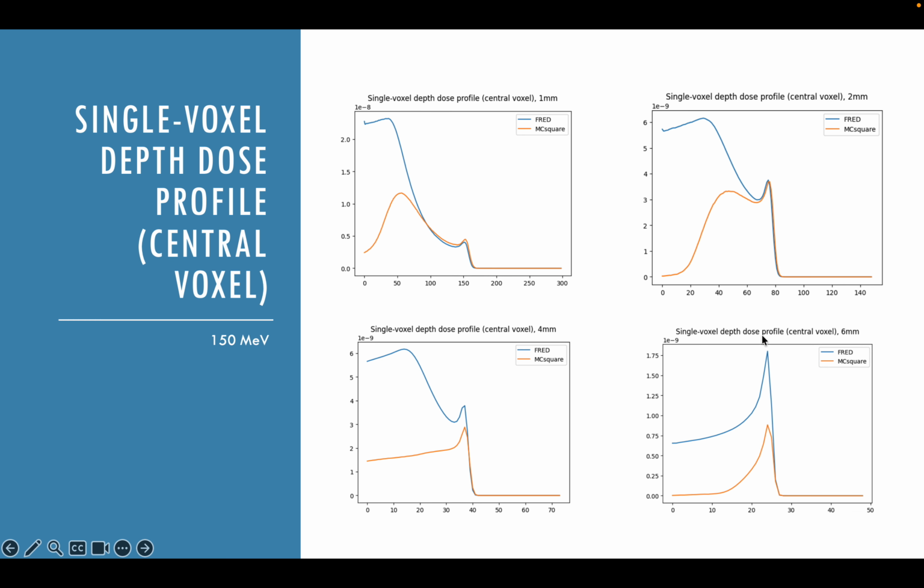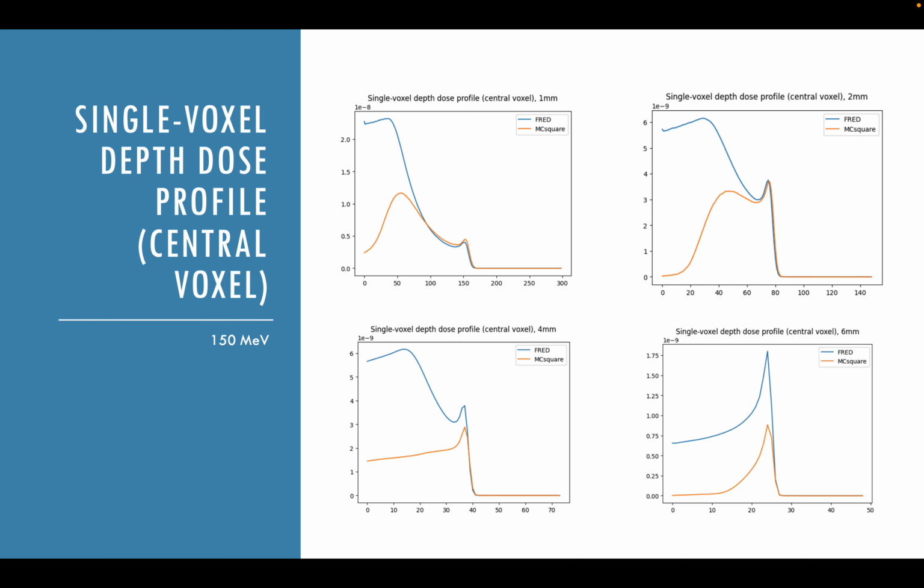Also, you might notice that with increasing voxel size, the size of the cube decreases, because now one voxel is 2 millimeters, and this here is the numpy indices.